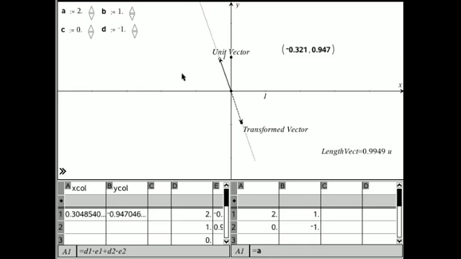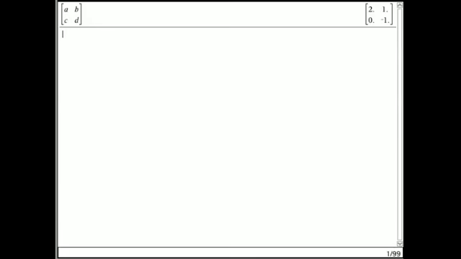Now if I pop back over to the realm of the computer algebra system, I can do the calculations for eigenvalues and eigenvectors. So suppose I want to do the eigenvectors. And I grab my matrix.